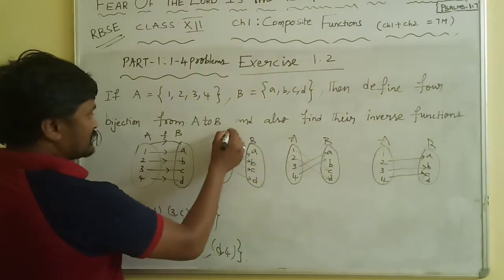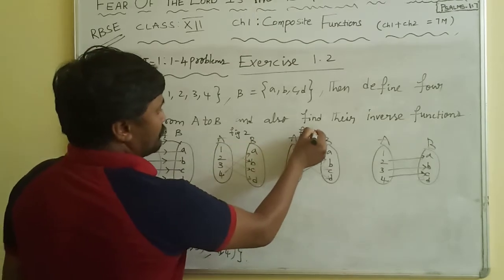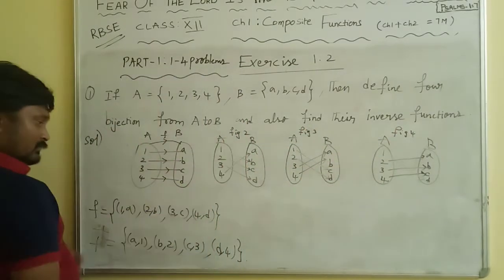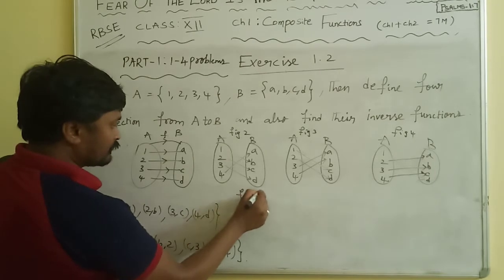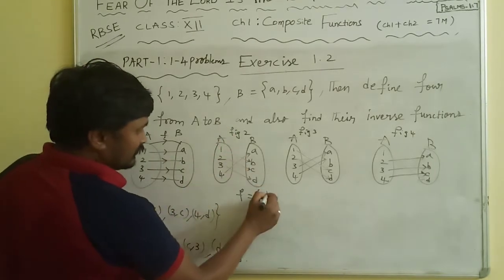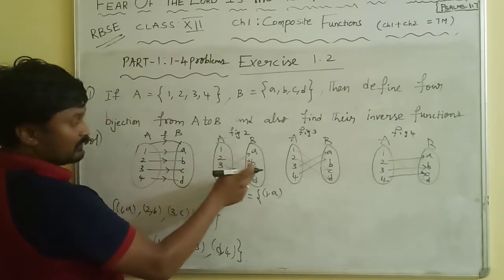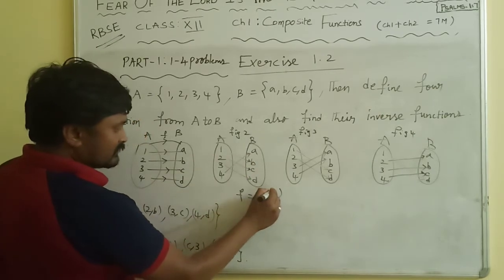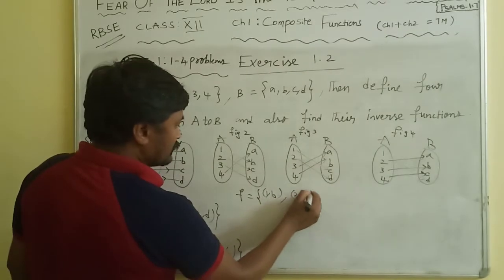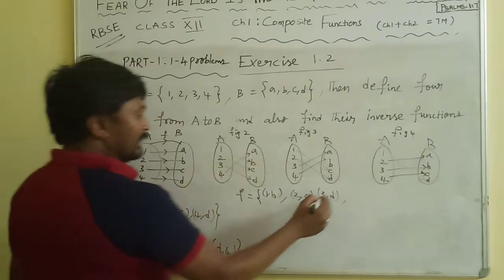So now what about this figure 2, figure 3 and figure 4? From figure 2, what is F? F is (1, B), next (2, C), (3, D), (4, A).